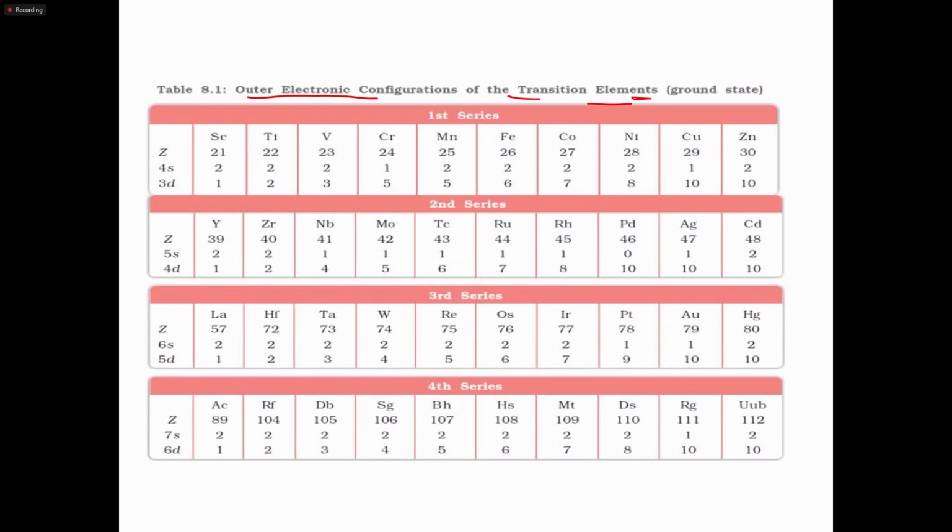There is a rule that when there is a chance to fill half-filled or fully filled orbitals, that configuration will be preferred over the others, because half-filled and fully filled electronic configurations are stable. Now the question is why half-filled and fully filled electronic configurations are stable.